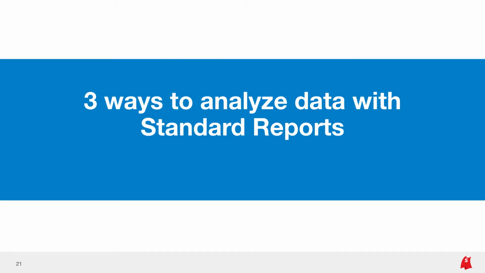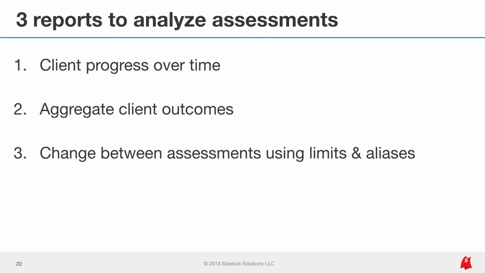Okay. So no matter the approach that you choose for tracking assessments, there are 3 primary ways to analyze that assessment data when you look towards reporting. So we're going to look at those 3 approaches next. The most common one that we recommend is to track client progress over time for a specific client. We call this a client summary report. The second is to report out on aggregate client outcomes.